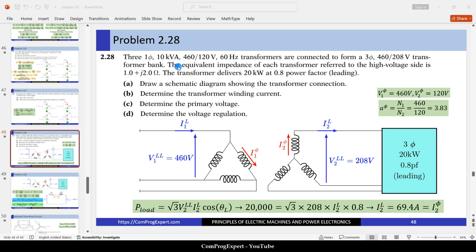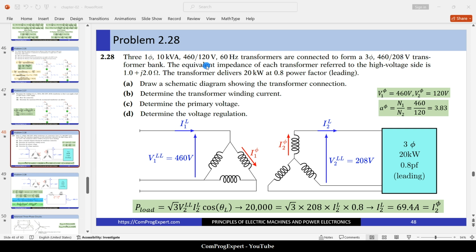Let's continue solving the problems of chapter 2. Problem 28. Three single-phase 10 kVA, 460 to 120 volts, 60 Hz transformers are connected to form a three-phase 460 to 208 volts transformer bank.